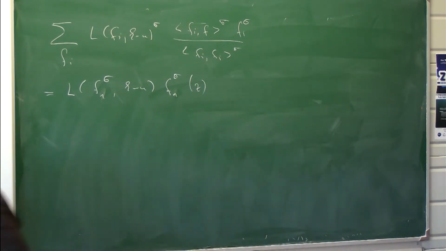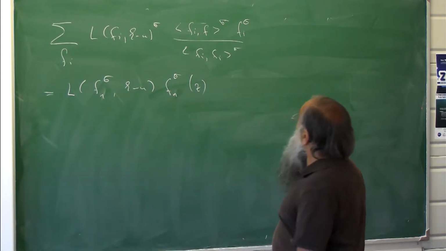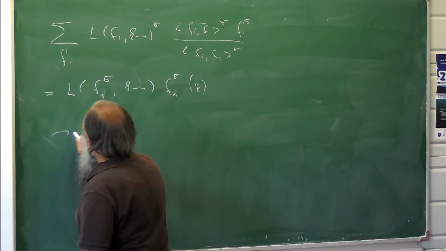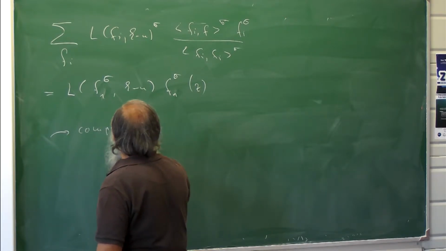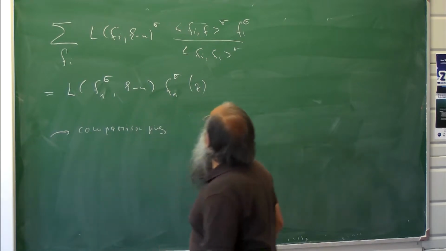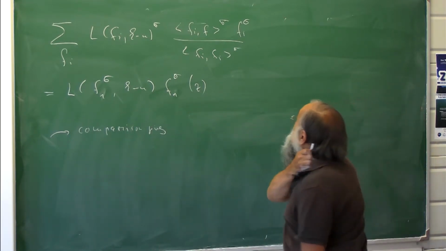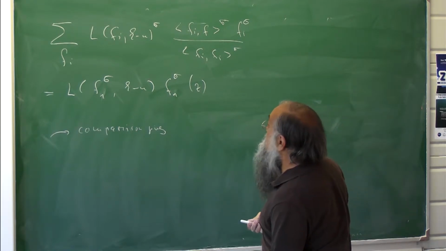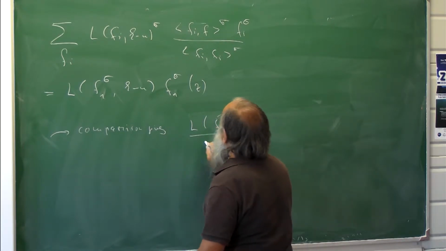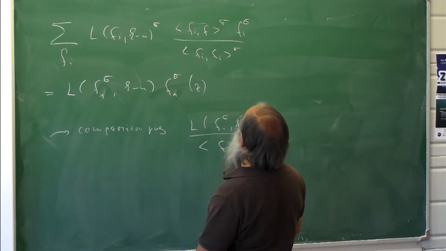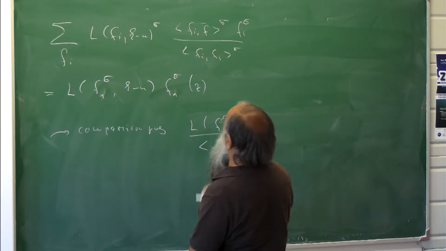Yeah, because this formula holds for any eigenform, and f1 sigma is still an eigenform, and comparison gives L f1 sigma k minus n divided by, what should I take here?